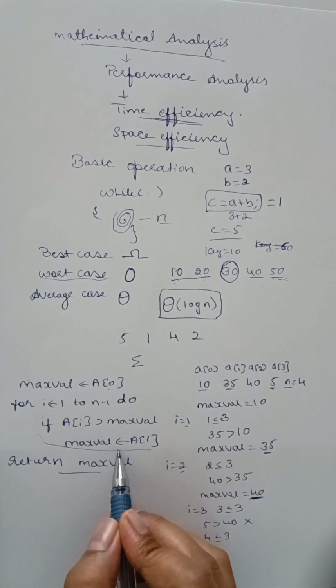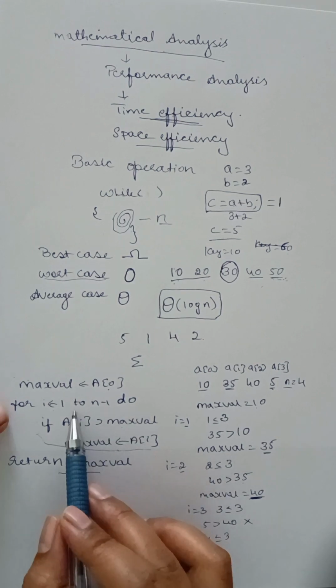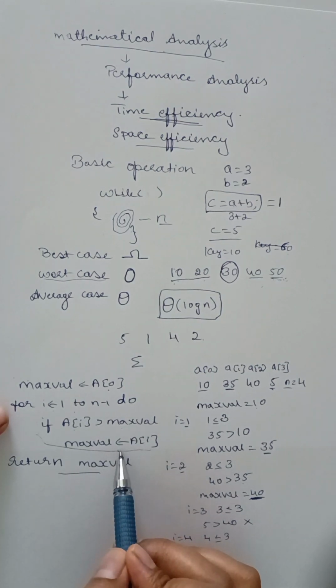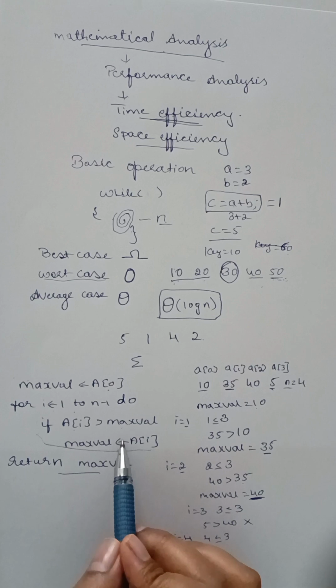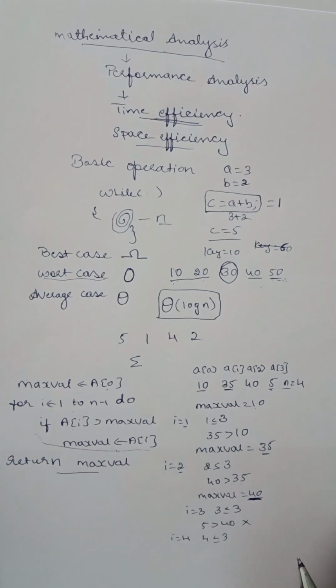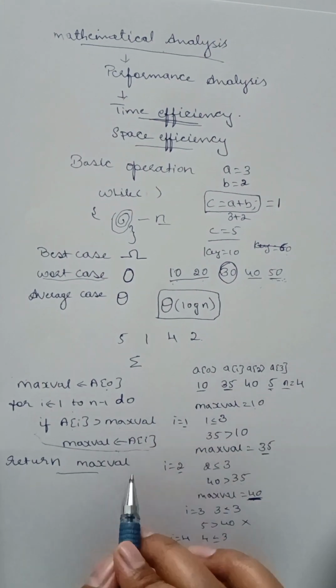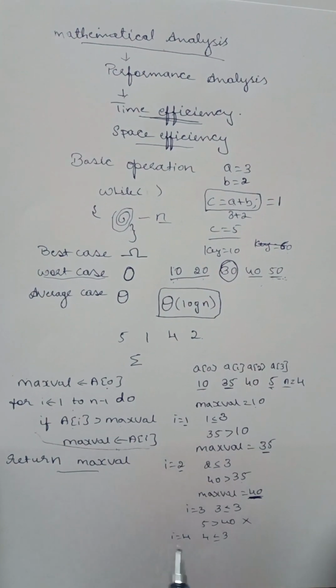I have always told you the basic operation count will always be equal to 1 for non-recursive algorithms, because only if this condition is true will it execute, otherwise it will not execute. Only one time it is going to execute, because max value will be equal to 40. It will iterate to check, but it is not executing a number of times.